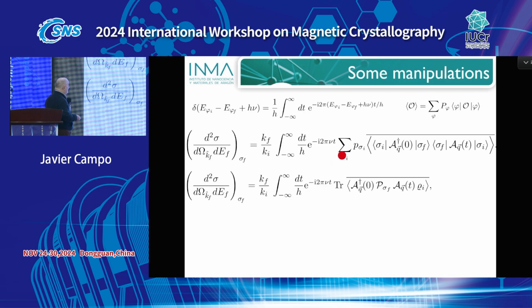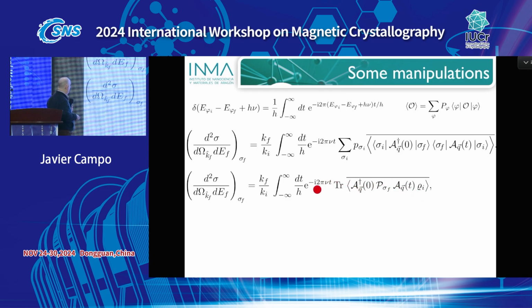And then this sum, first, this is the projector, the operator that is projecting the polarization onto a given final state. This is written here, and this sum of this state and this state becomes the density matrix of the initial neutron beam here.